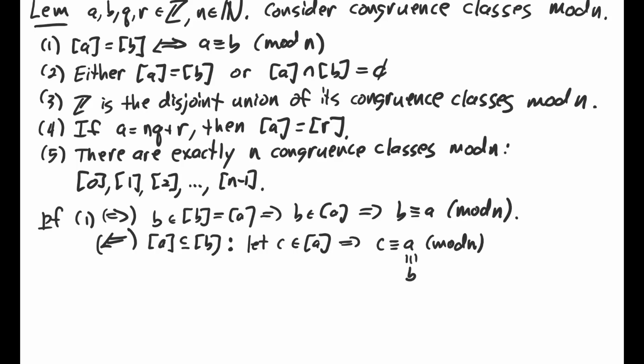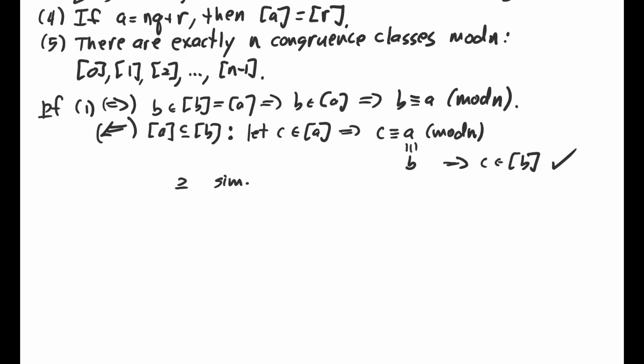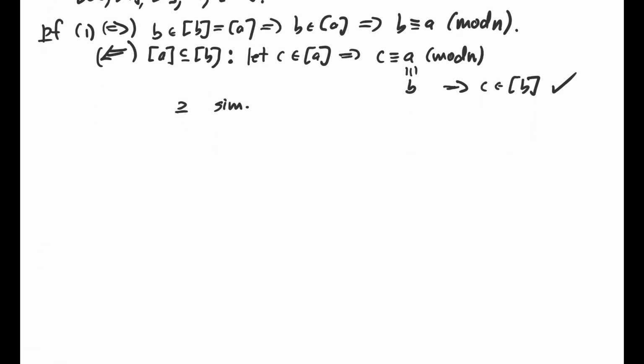But A is congruent to B by hypothesis, so by transitivity, C is congruent to B, and therefore C is an element of B. And that shows that the congruence class of A is contained in the congruence class of B. The reverse inclusion is similar, so we won't write that one.